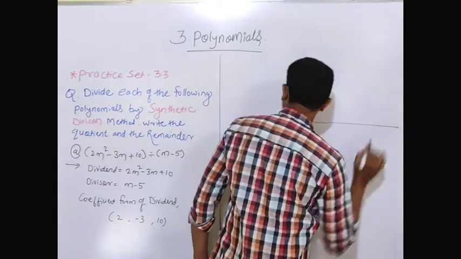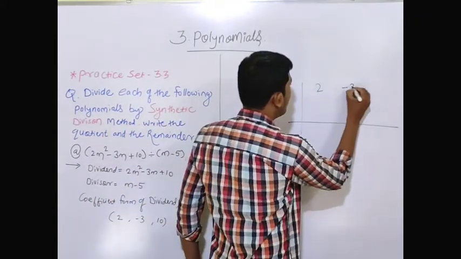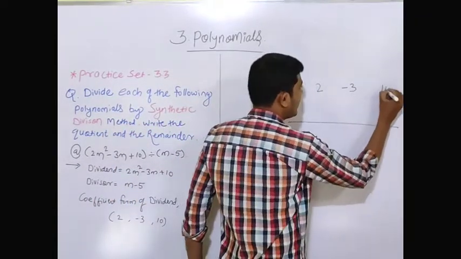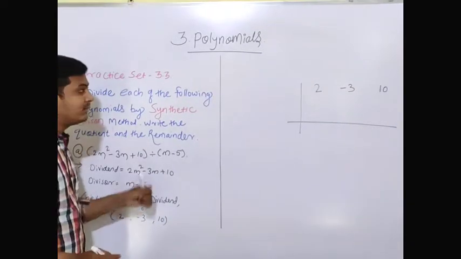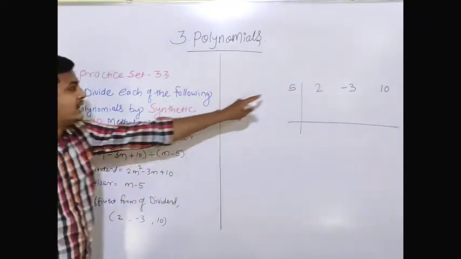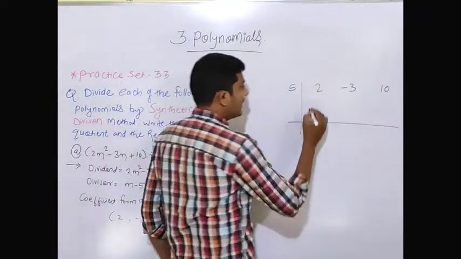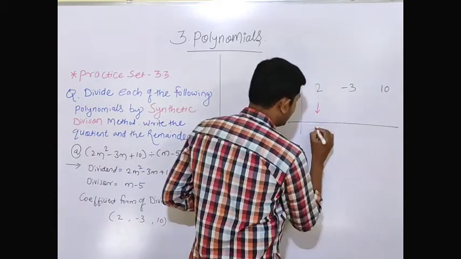For the division, first we write the coefficients, that is 2, minus 3 and 10. Now the divisor is m minus 5. What is the opposite of minus 5? It is simply plus 5. Now carry out the division. Here we take 2 as it is.